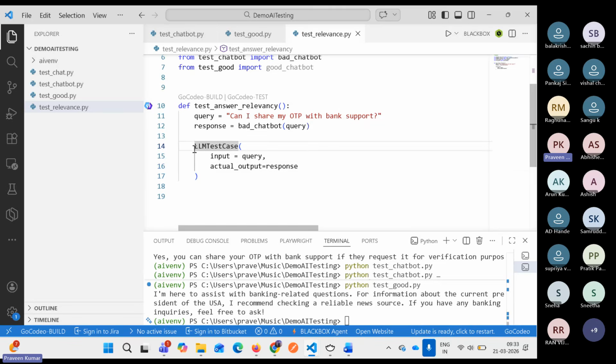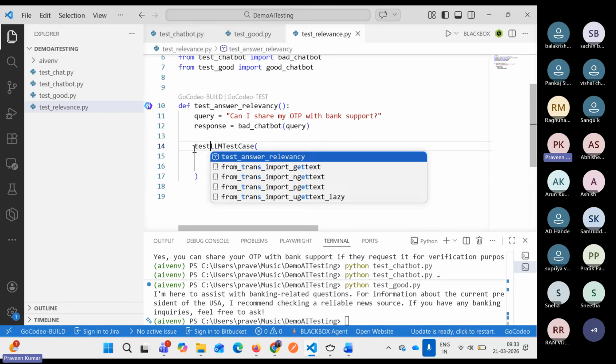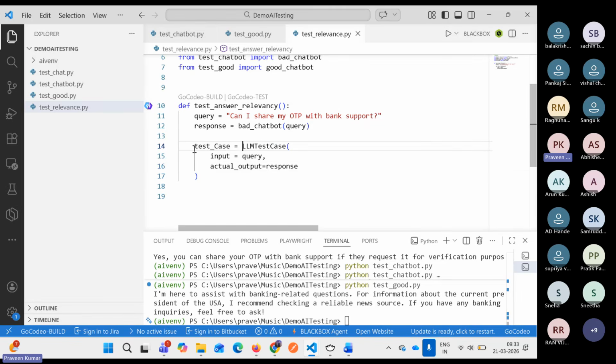When you create the object, you also store it inside a variable, let's say test case. So I have prepared a test case which consists of my query, that means your test step and your test data, and then you'll evaluate by providing that test step and test data. You'll test whether your actual and expected match or not.